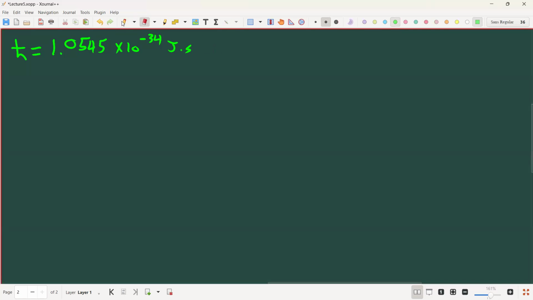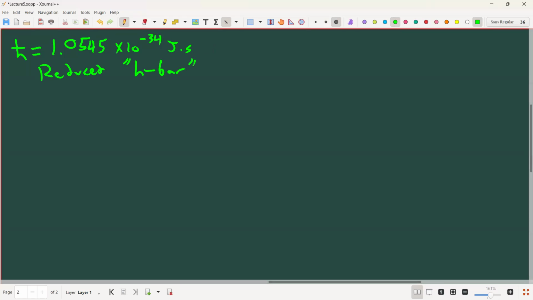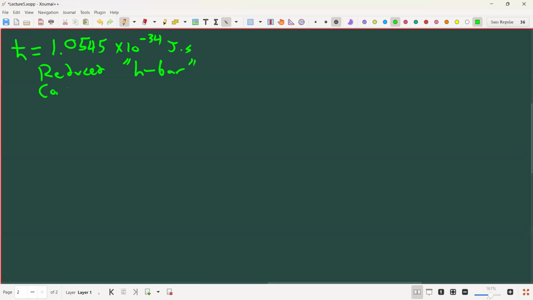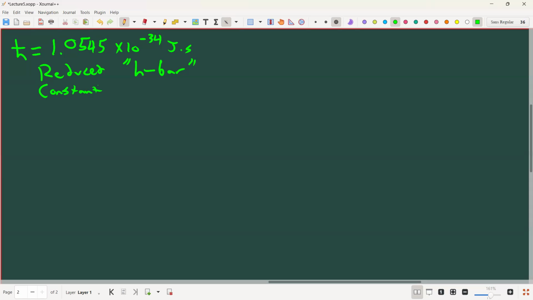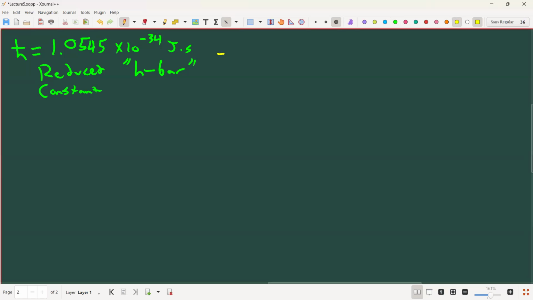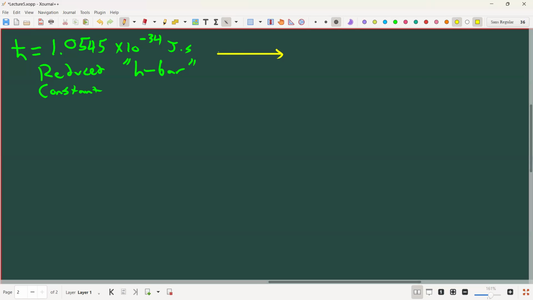All right, so this is what's called the reduced constant. Or we often call this, whenever you hear me say H bar, that's what I mean, right? It's an H with a little bar through it, right? We call this the H bar. There is a regular H as well. And depending on what context we're in, we'll use either one.